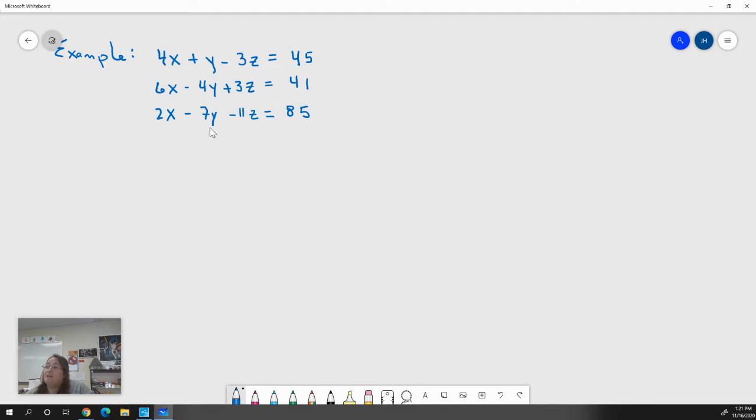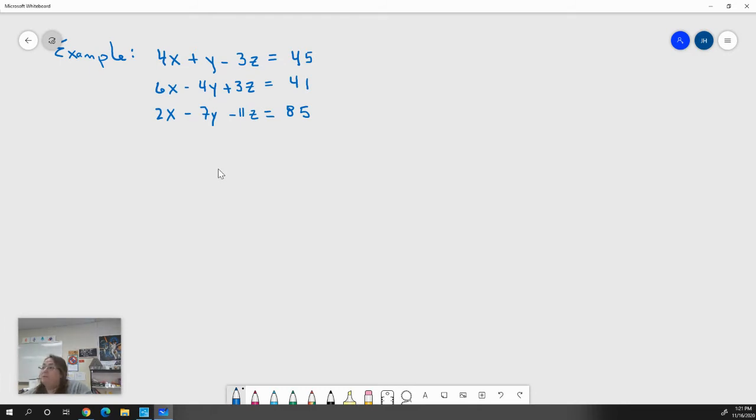And we have 2x minus 7y minus 11z equals 85. Just for the purpose of you knowing the difference, I always put a line in my z because otherwise it looks just like a 2. And just for the sake of keeping things simple, I put the line in.